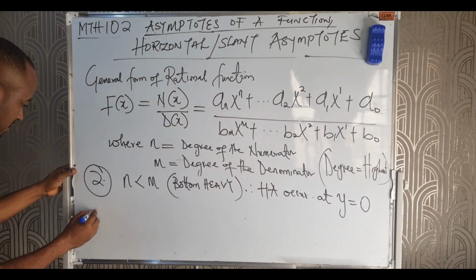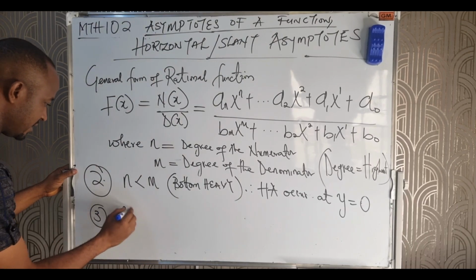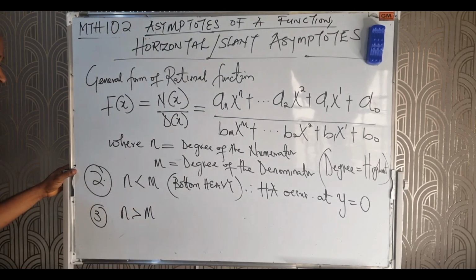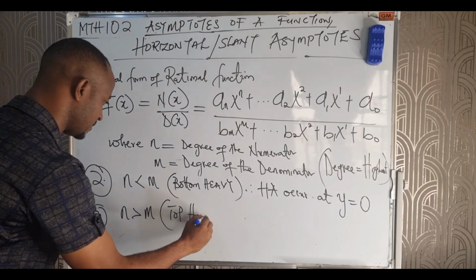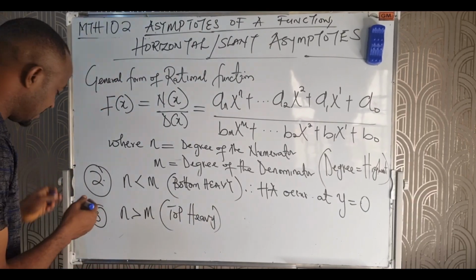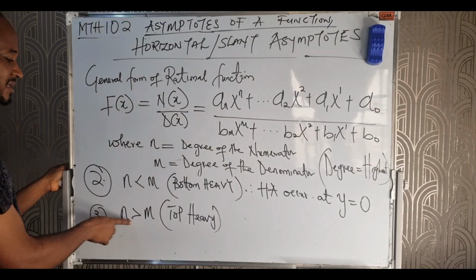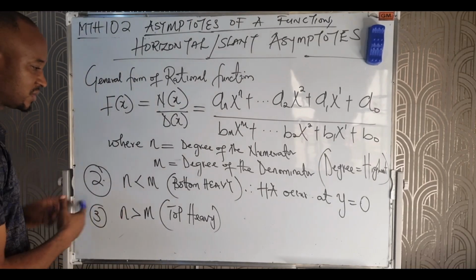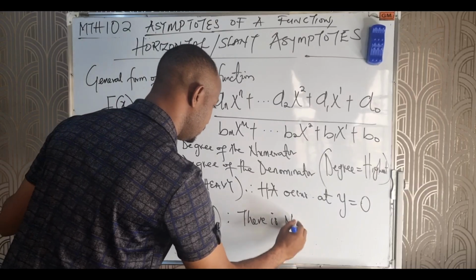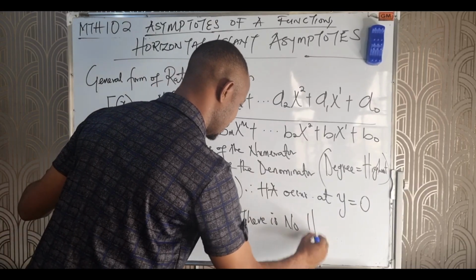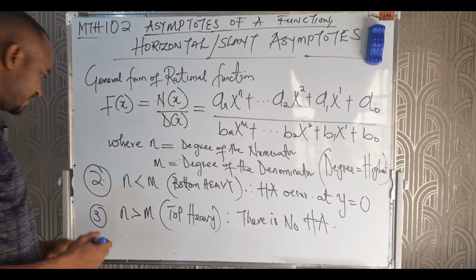Let's see number 3. If n is greater than m, this is simply top AV. In this case, if the degree of the numerator is greater than that of the denominator, it simply means there is no horizontal asymptote.